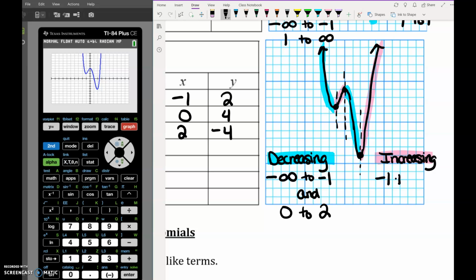So -1 to 0, that's this little portion right in here. That's where it's increasing. And then it's decreasing from 0 to 2. What is it doing from 2 to infinity? Increasing. So when you look at your decreasing and increasing values, if you put those values together, you should cover the entire number line.